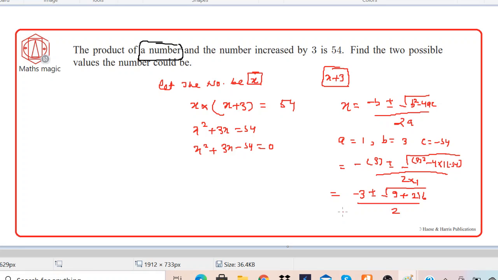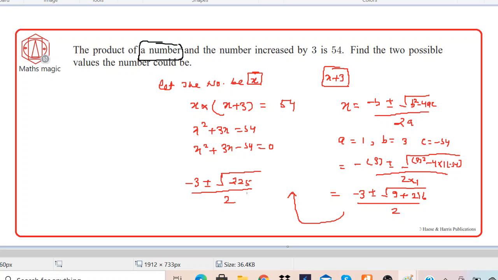So you can see it's minus 3 plus minus root of, now 216 plus 9 is going to be 225, and then the whole thing divided by 2.